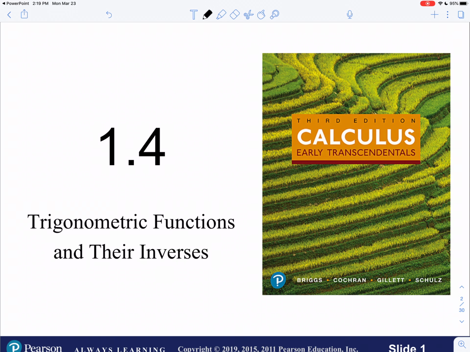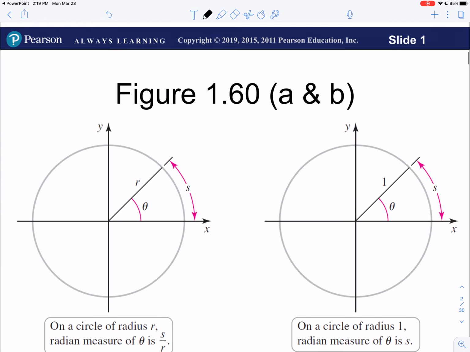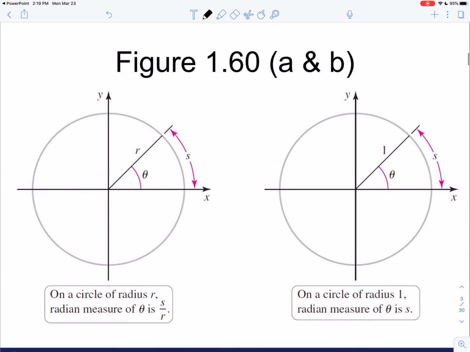So we have section 1.4, trig functions and their inverses. This one is talking about arc length. We have a circle, a radius r, and central angle theta in standard position, and this s is going to be the arc length created by a central angle of theta in standard position.